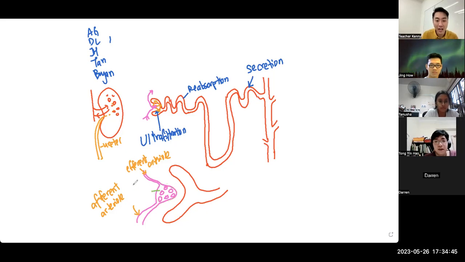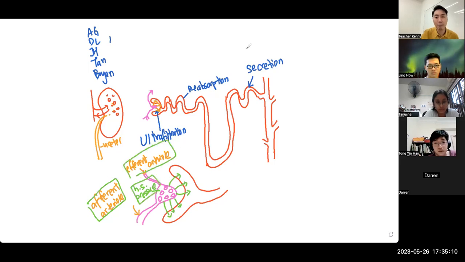We call it hydrostatic pressure. This hydrostatic pressure will push and force substances out into the Bowman capsule. Now, if they were to ask you this one, mention the diameter difference, you get 1 mark. Mention hydrostatic pressure, you get a 2nd mark.